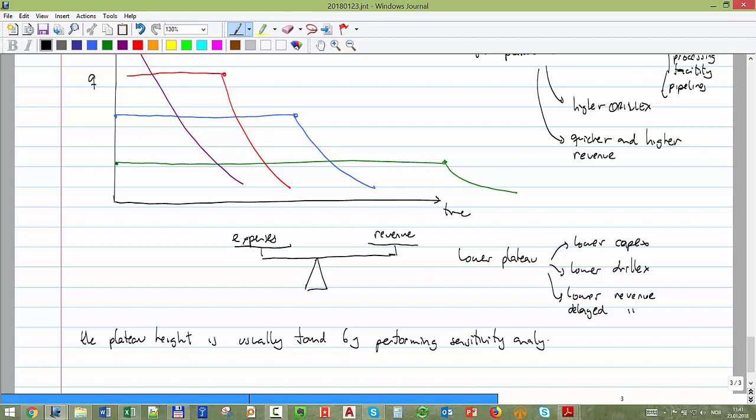That means I have to try with different plateau numbers. I have to calculate my revenue, I have to see what the expenses are, and then I have to calculate the NPV to maximize NPV. And you're going to get an exercise on that in the future. Okay?